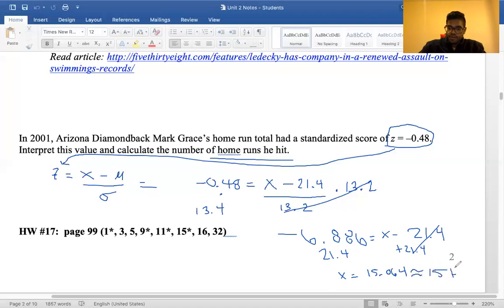And again, I'm going to label my answers because in this class, that's the big thing, is we're interpreting these values. Okay, so now if I wanted to write a quick little sentence about this, that is the last thing.